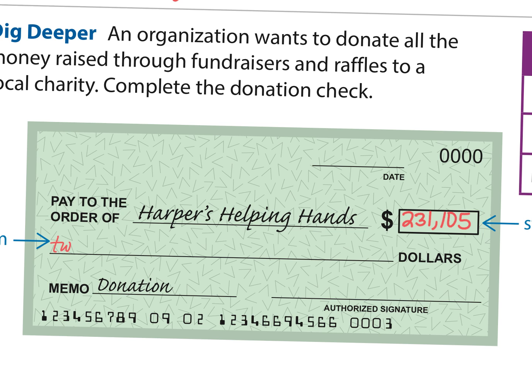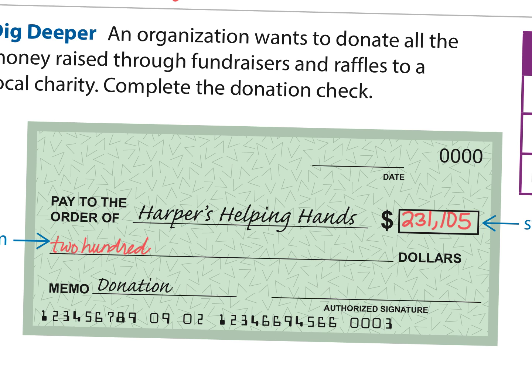So 200, and you usually write in cursive on a check. You should write in cursive. So 200, just start writing.